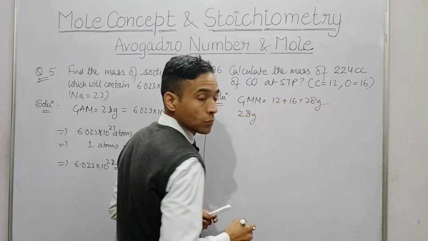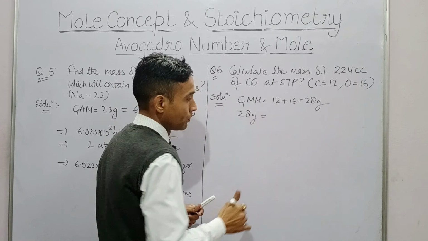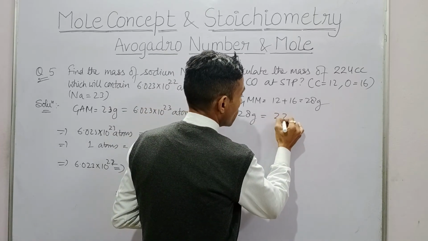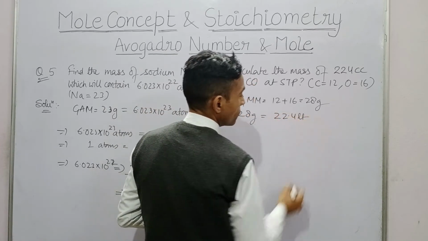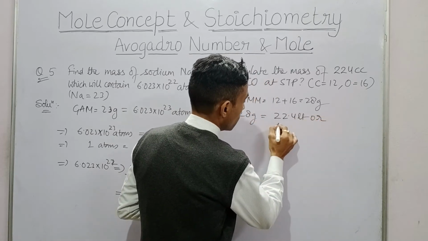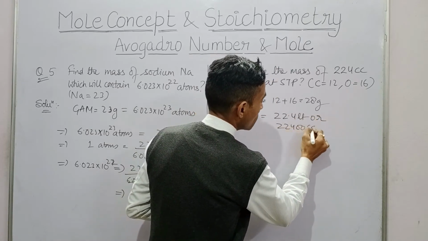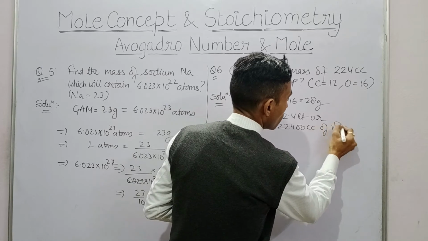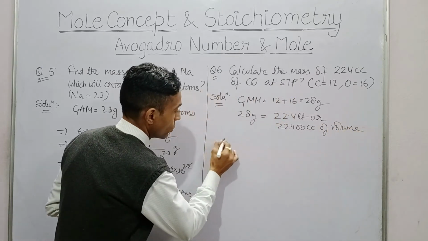28 gram is equal to 1 mole and it occupies 22.4 liters or 22,400 cc of volume. Let's use unitary method.